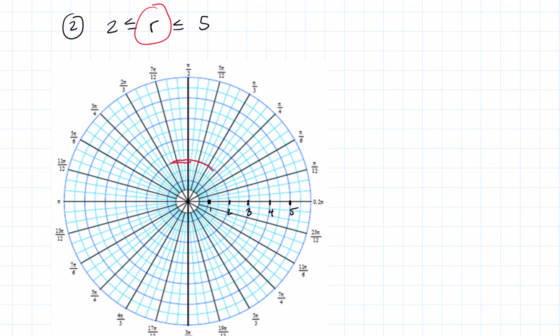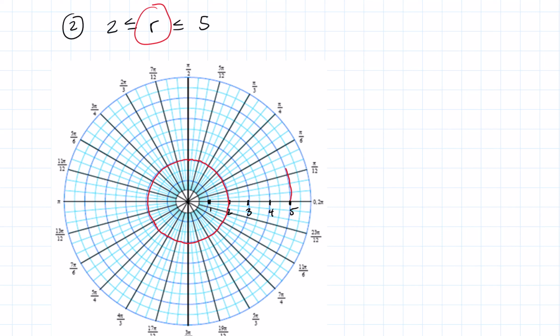My pen is getting wobbly. Let me see if I can get it all the way around. And it's inclusive, so I'm using a solid line here. And then the radius of 5 is going to be all the points on this circle. Let me tweak my head.